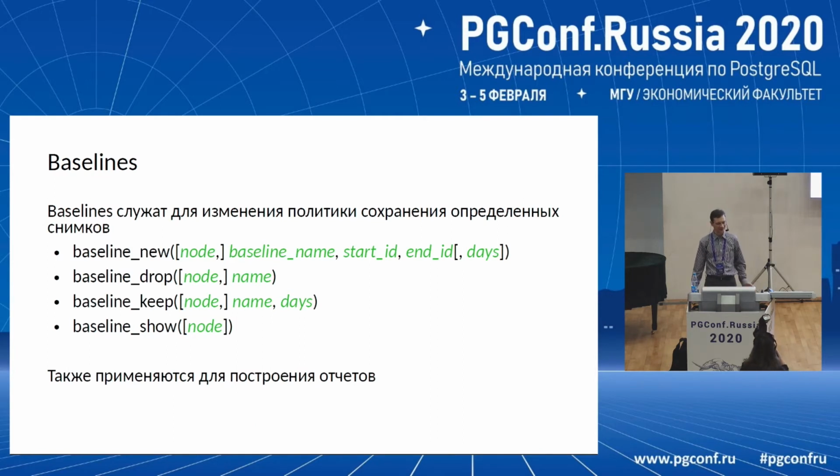Baselines. I don't know how to call it in Russian, but basically this is an Oracle term. A baseline is necessary to remove certain snapshots from the standard storage policy, because otherwise the repository will become too big if we do not delete anything from it.